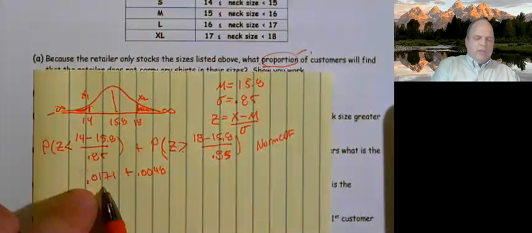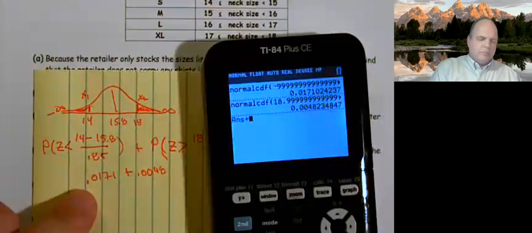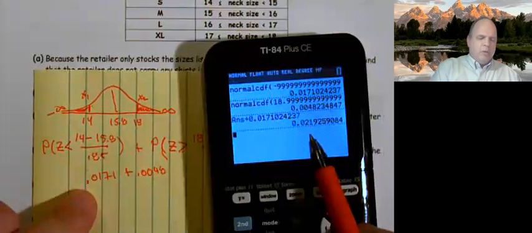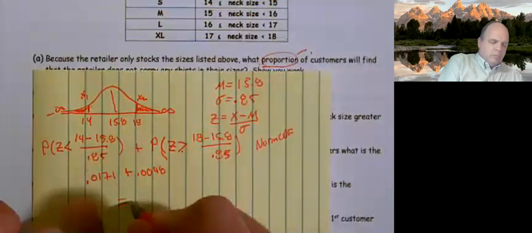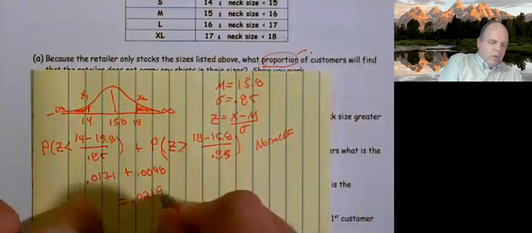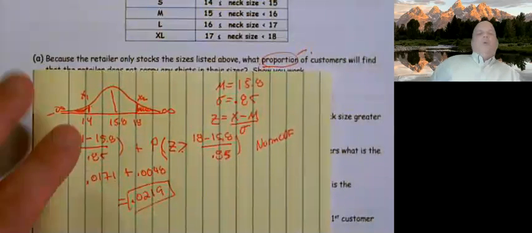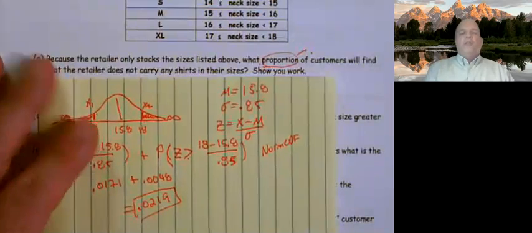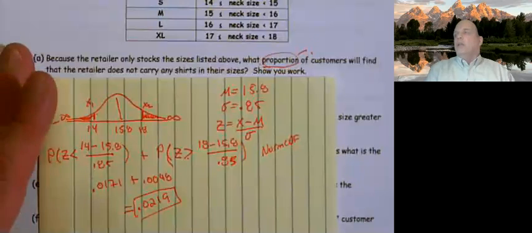So I need to add these two values, and I get 0.0219. So what that's telling you is a little more than 2% of their customers are not going to be able to find a shirt at that store.